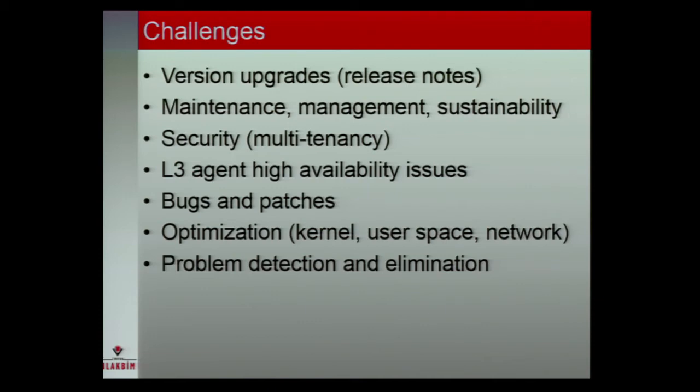And you sometimes run into bugs, and you need to apply patches for them. And you need to optimize your kernel, user space, and network layer. And sometimes problem detection and elimination is also difficult.